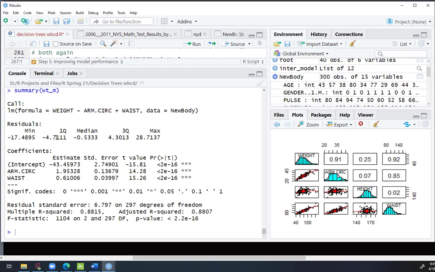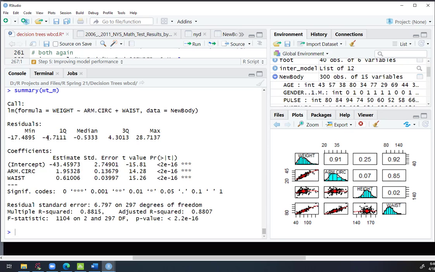So between negative 4 and positive 4 kilograms, because the data we're using is in the metric system. I see that this is pretty symmetrical. This is just about 0, and these are pretty symmetrical here for the first and third quartile. So that's looking a little bit like residuals are normal. It's also looking a little bit like the standard deviation is probably a little more than what I need.